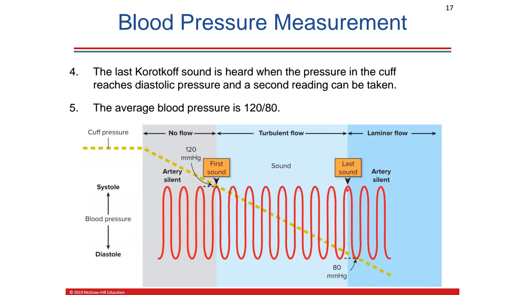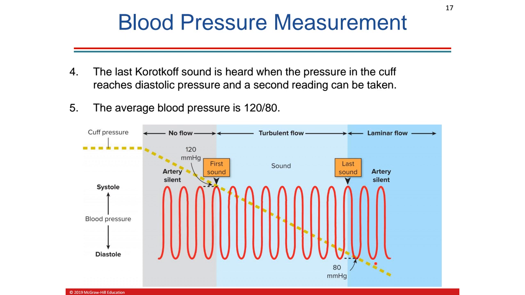And so we would have heard our last sound just prior to that, when there was still some constriction of the brachial artery and therefore still some turbulent flow. So we would have had our last Korotkov sound. And once we actually reach the diastolic pressure, there are no further Korotkov sounds.